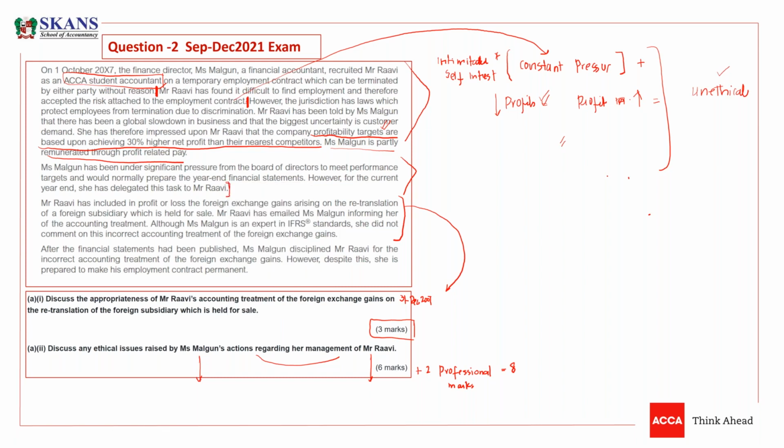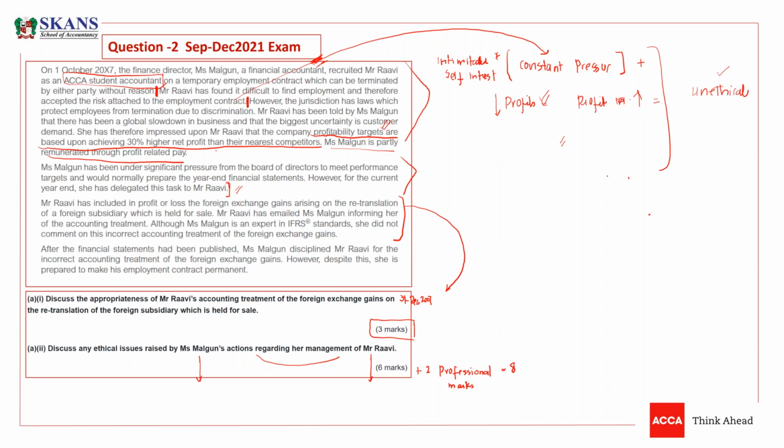Ms. Malgan is the financial accountant, and she has a knowledge of IFRS. She has delegated the finalizing of the financial statements to Mr. Ravi, who is just a student.